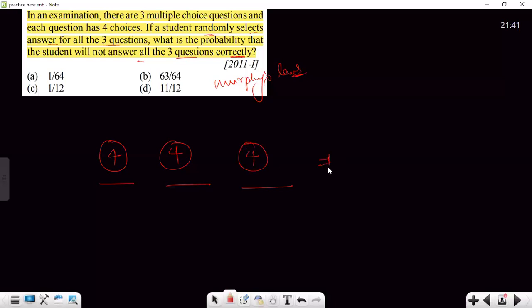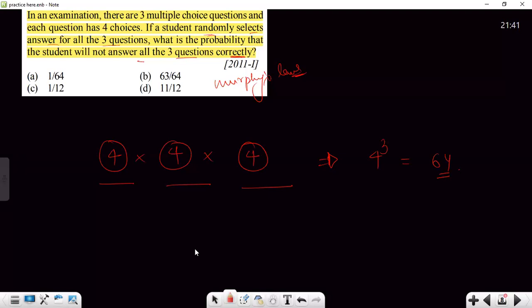So the total number of ways in which a student can answer three multiple choice questions having four choices is 4 into 4 into 4, which is 4 raised to power 3, which is 16 into 4, so there are 64 total ways to answer.